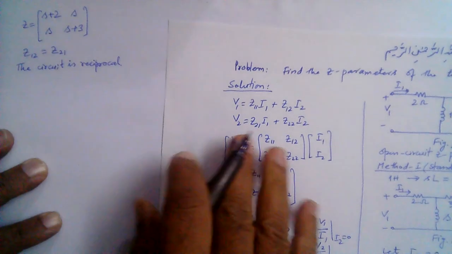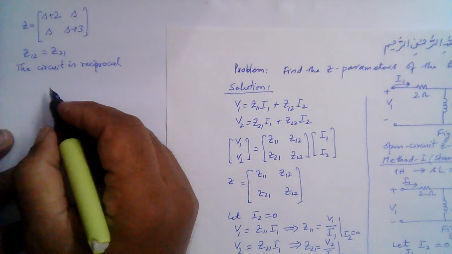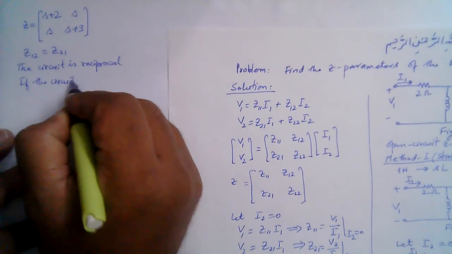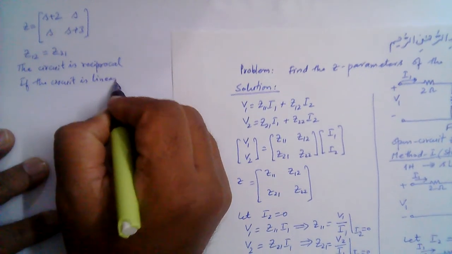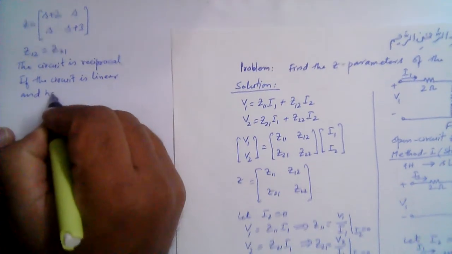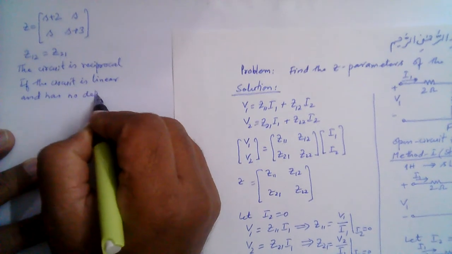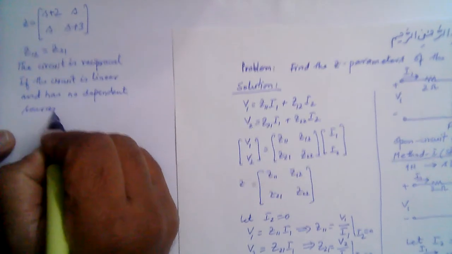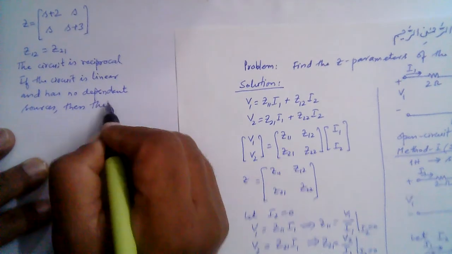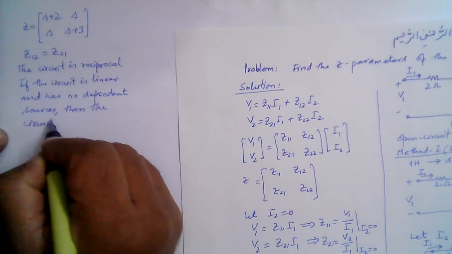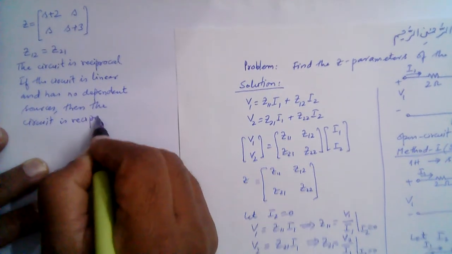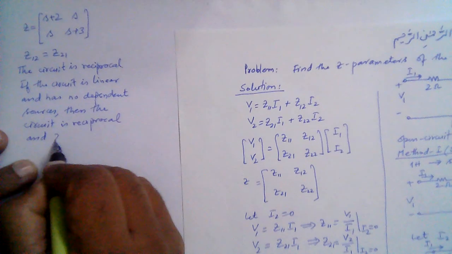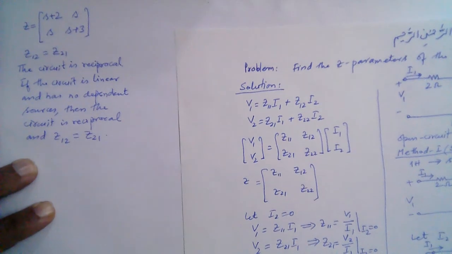So this is a general rule: if the circuit is linear and has no dependent sources, then the circuit is reciprocal, and impedance parameter Z12 is equal to impedance parameter Z21, right?